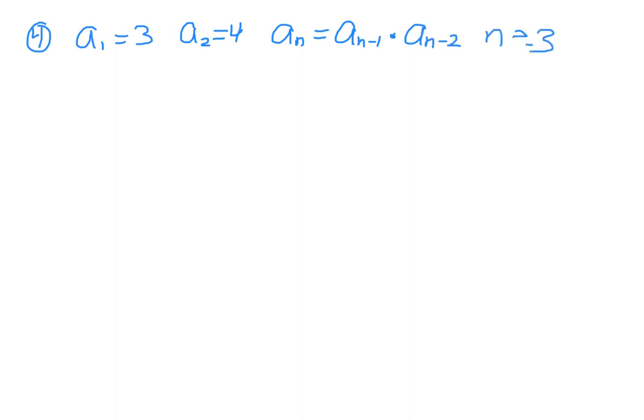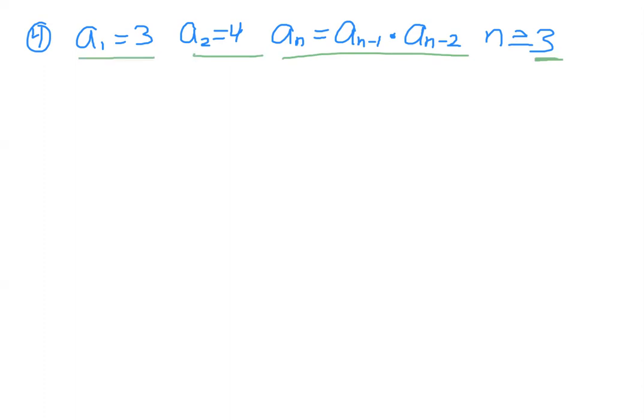Number 4, we've got a1 equals 3, a2 equals 4, and an equals an minus 1 times an minus 2. And now this has to be for n greater than or equal to 3. We can only use this if n is 3 or bigger, because here's a1 and here's a2.